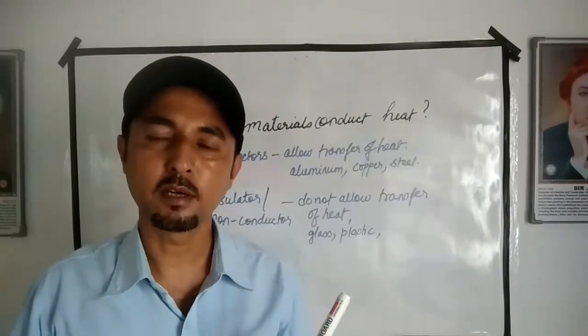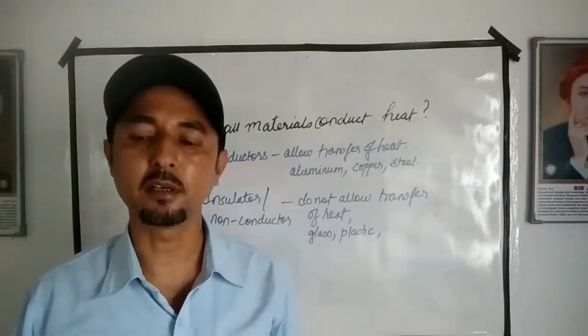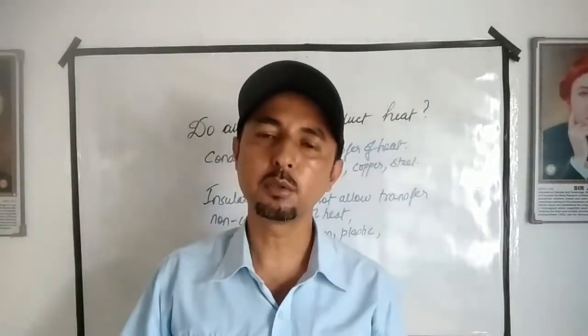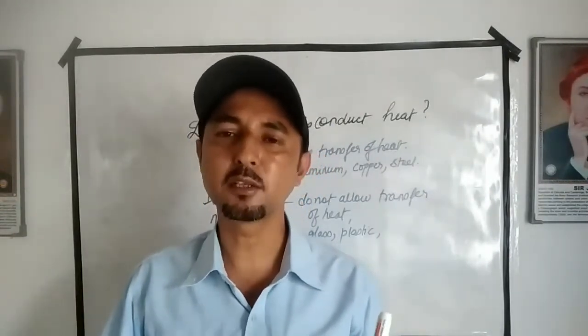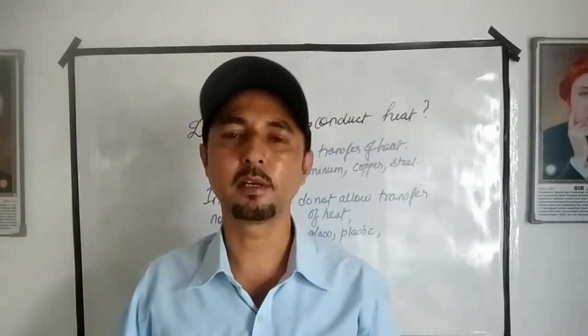Your mother, using the utensils in the kitchen, has many utensils whose handles are made of plastic or wood. Why is it so? Students, if you think about it, you will get the answer.